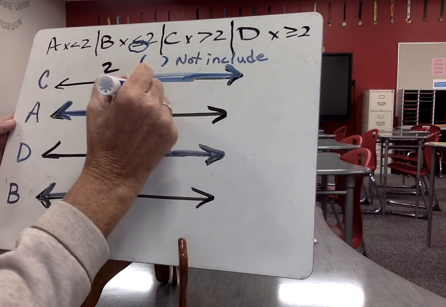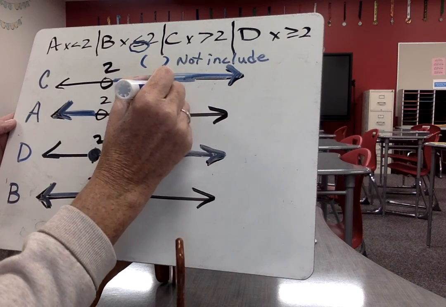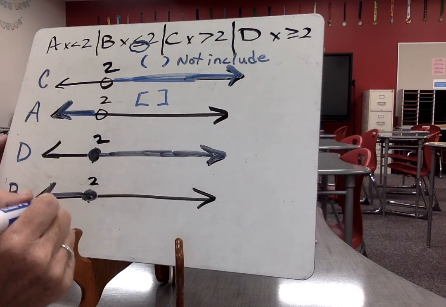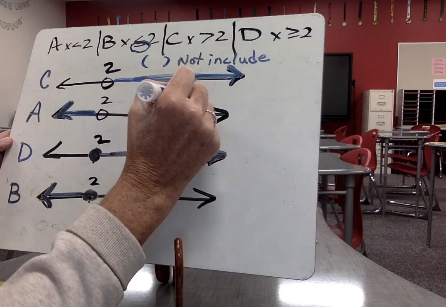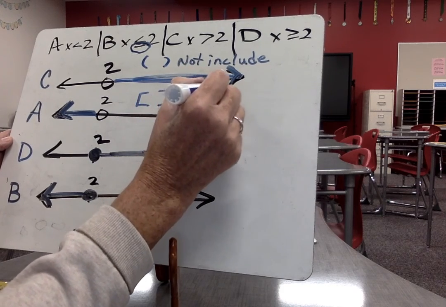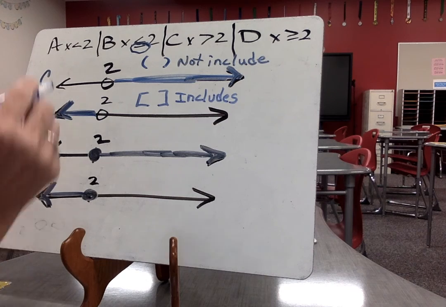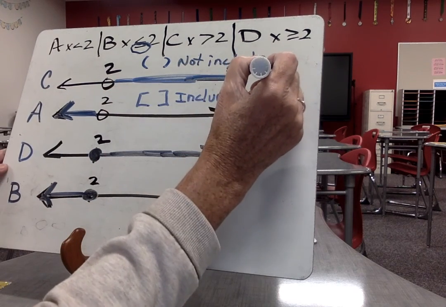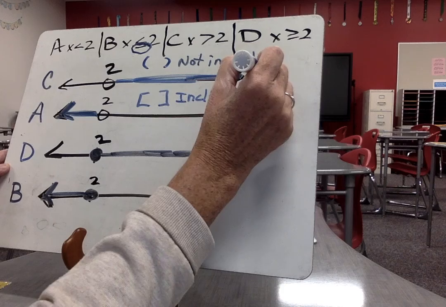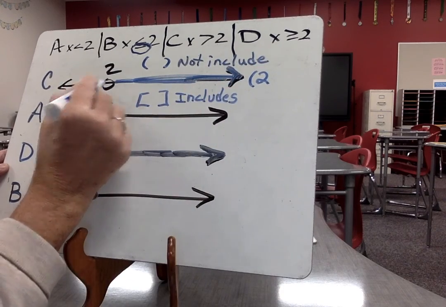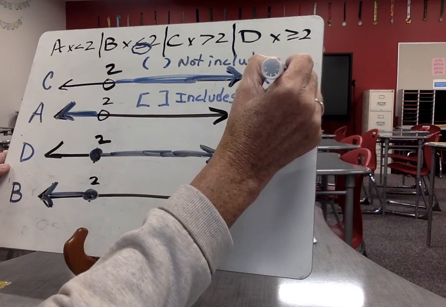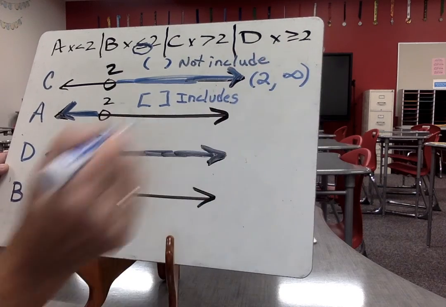If it is like this, it includes the number, and it takes more ink. So if I look at C, we go 2, because it doesn't include 2, and it goes up to infinity, or it goes on forever.